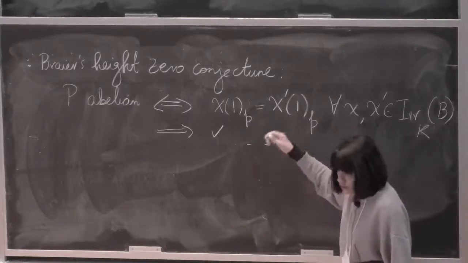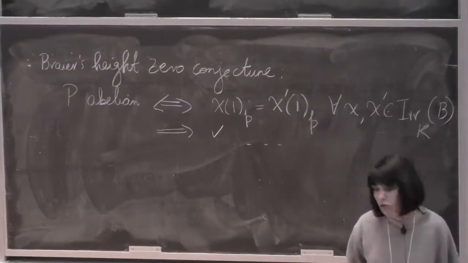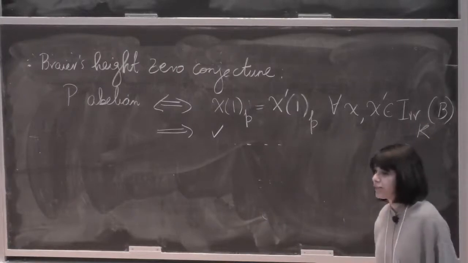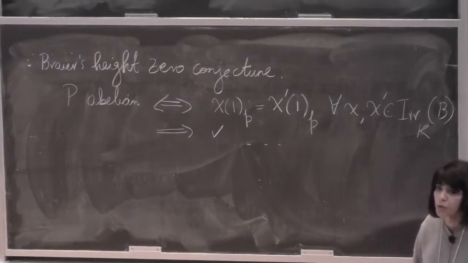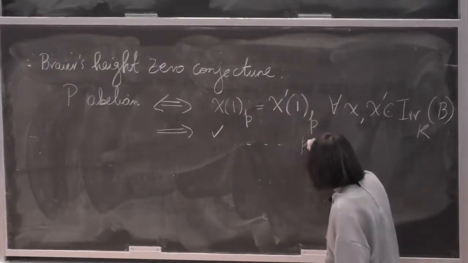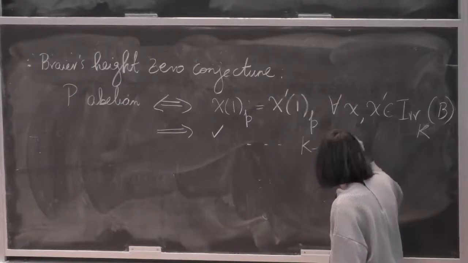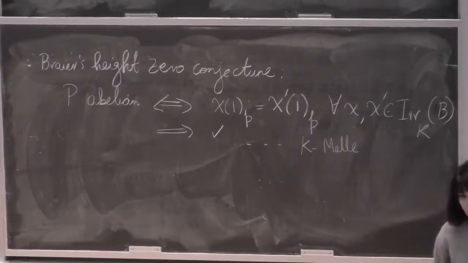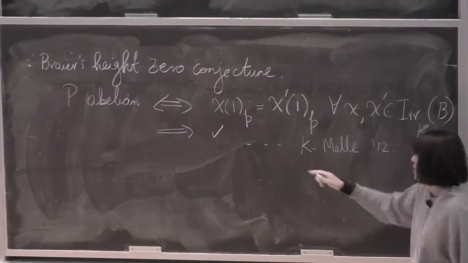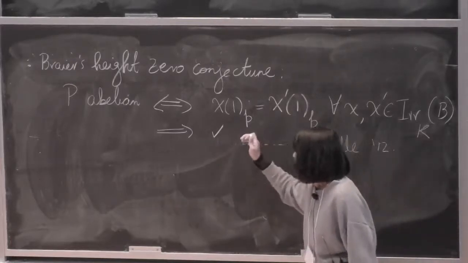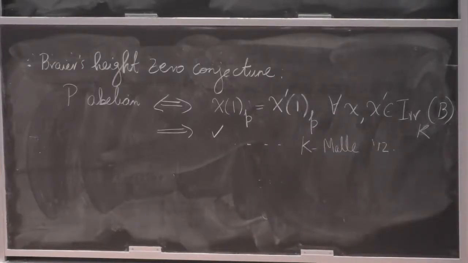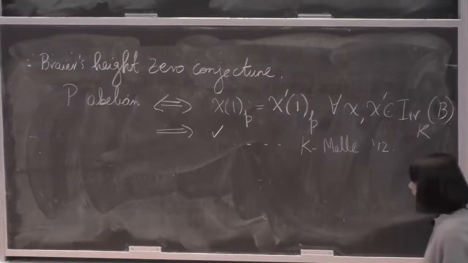First we needed a reduction theorem, and then we needed to be able to check, which required waiting for many years before we got enough information about the block theory of finite simple groups to be able to do every case. And the final cases were settled by myself and Gunter Malle around 2012. So this direction is done, and in the reverse direction there's also a lot of progress.